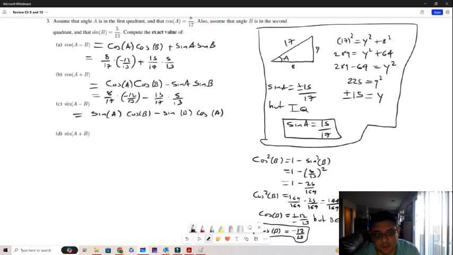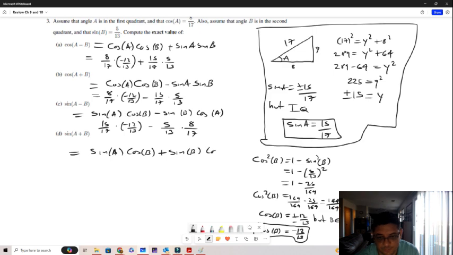And so sine of alpha, 15 over 17, cosine of beta, minus 12 over 13. Sine of beta, 5 over 13, times cosine of alpha, 8 over 17. And same thing for this one, but it's going to have this sign flip around. So we're going to have the plus in here without any issues.